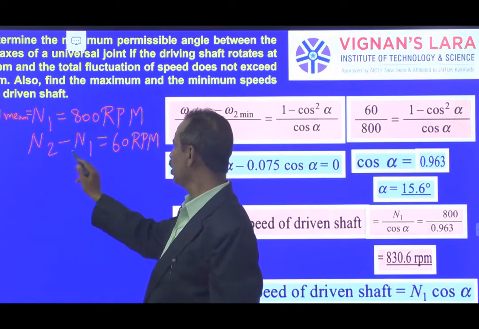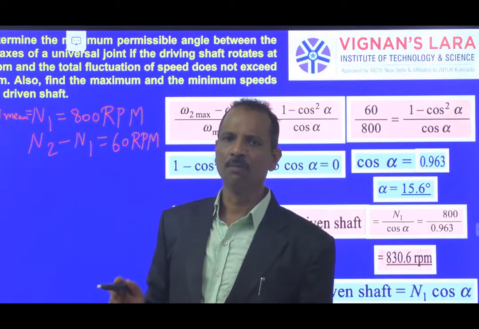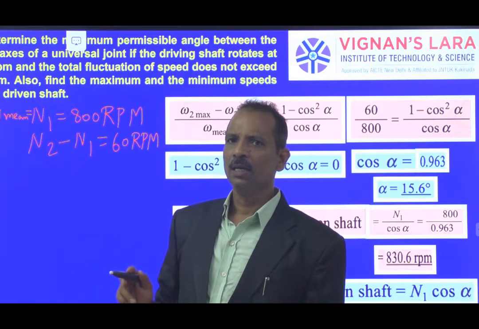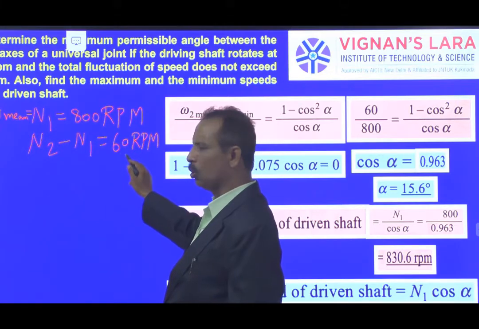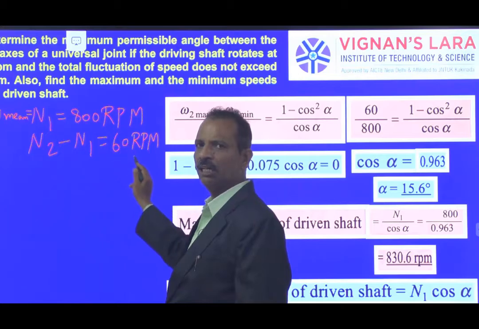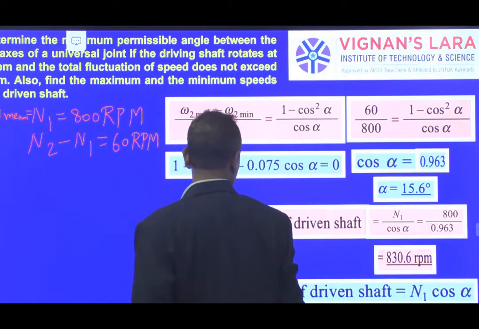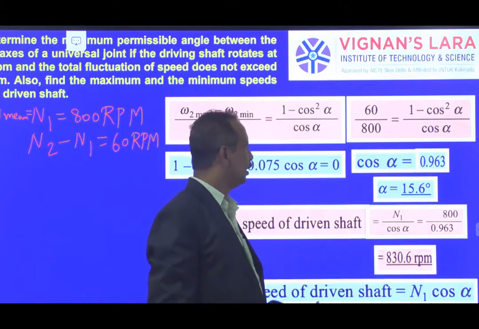So 30 will be added to N1 and 30 will be subtracted from it. Finally, we get that value only.